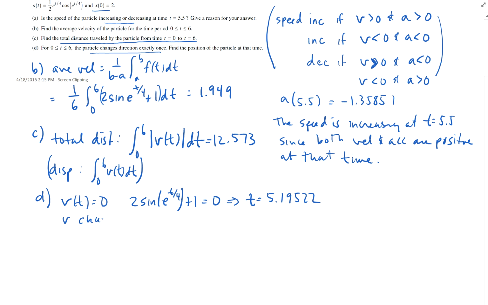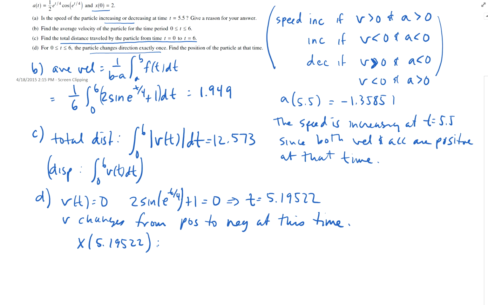V changes from positive to negative at this time. So now I have to figure out what is x of 5.19522.